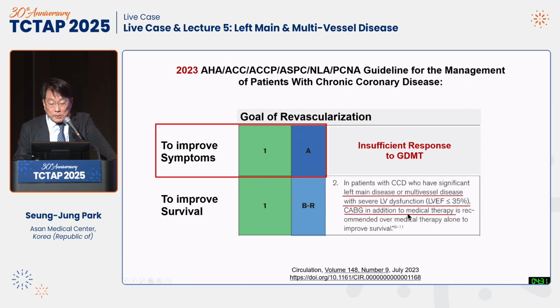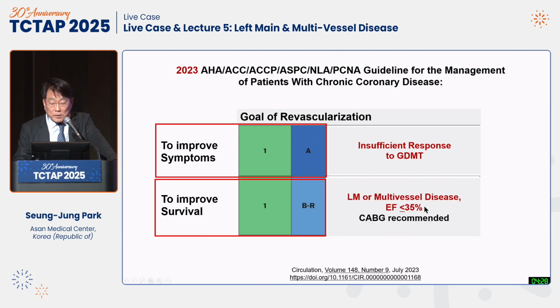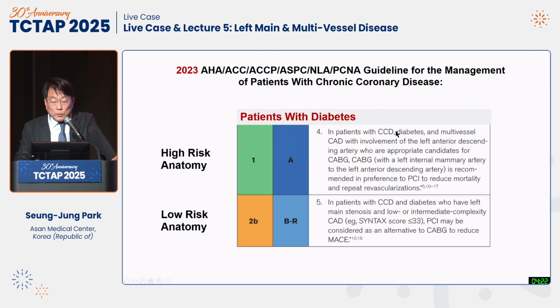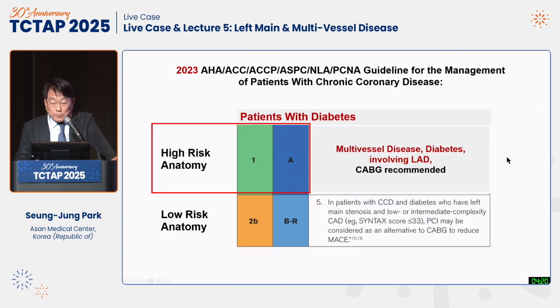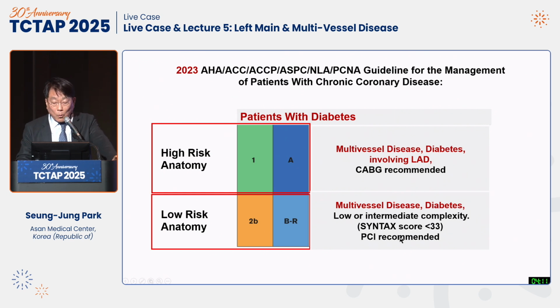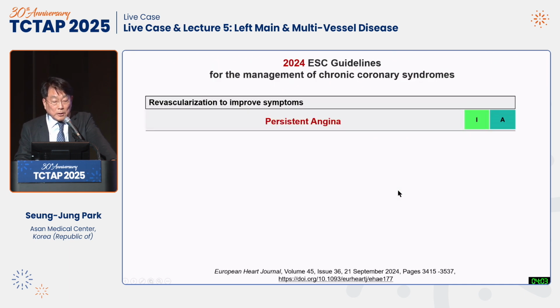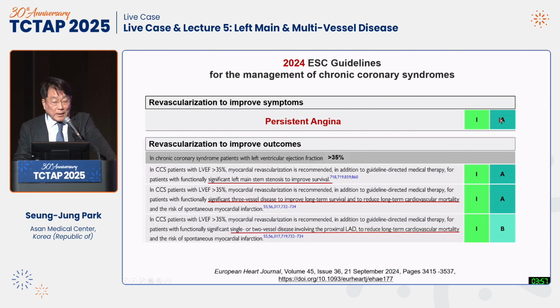Left main disease, multivessel disease, low ejection fraction less than 35%, CABG definitely improves survival. Patients with diabetes and multivessel disease involving LAD, CABG is recommended, this is the guideline concern, and with a low SYNTAX score, PCI could be done. And symptom improvement is the goal of revascularization, 1A. And if you look at the 2024 ESC guideline, it will change a lot. Normal ejection fraction more than 35%.